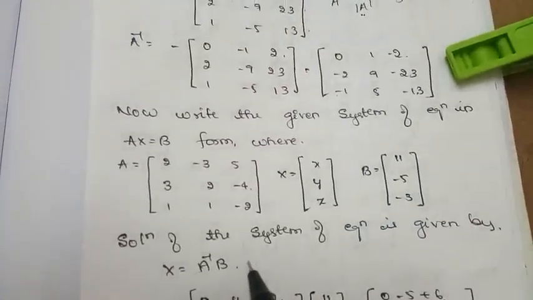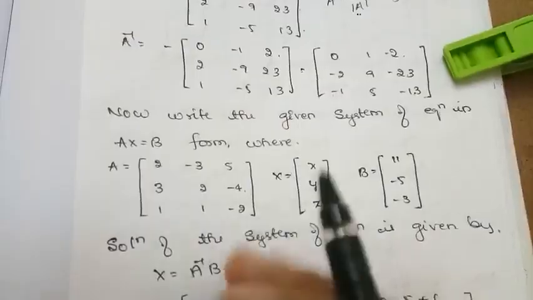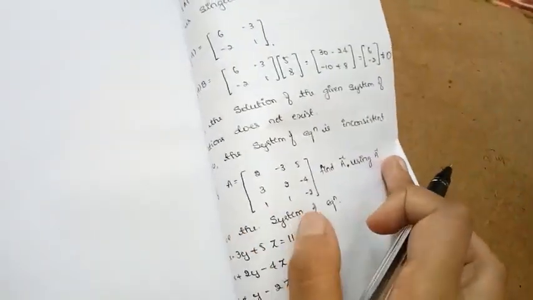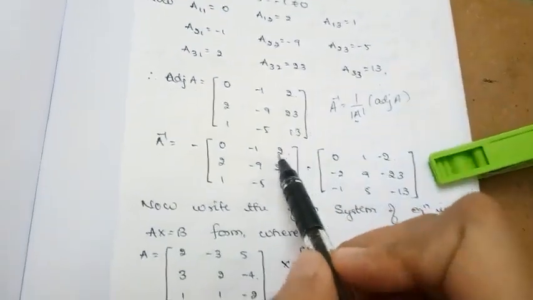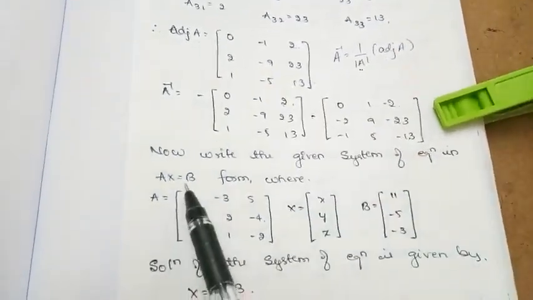X is equal to A inverse B. But we can't move with the previous method we used, because the question is saying, using A inverse we need to solve the system. Here we have found the A inverse. By using this A inverse we need to find the values of x, y and z.